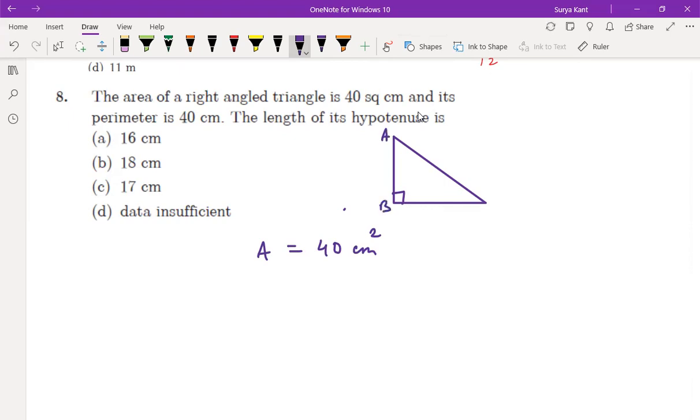ABC. Sir, B is the correct answer. 18 centimeters.